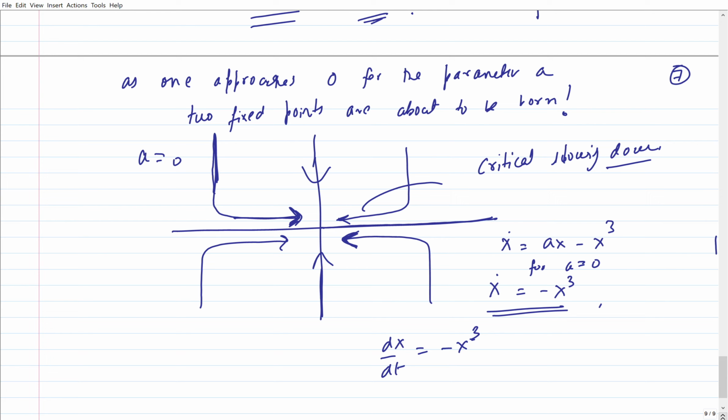So what's happening is that x would go, if you solve this, as 1 over square root of t plus c, something like that. So this is an algebraic decay, not exponential.